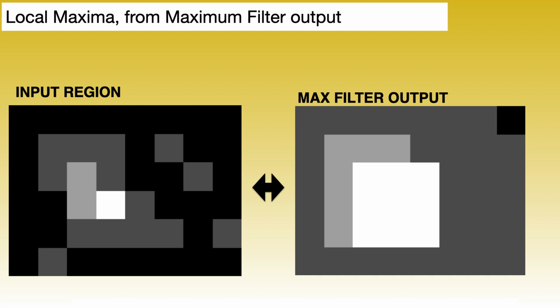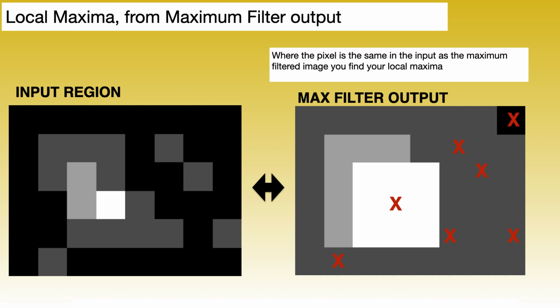It's not very useful in itself for what we're doing, but what you do is you compare the pixel intensities in your input to your output, and where they're the same, this indicates a local maxima, because where they're the same, this means that the output and the input are essentially localized in the same place.